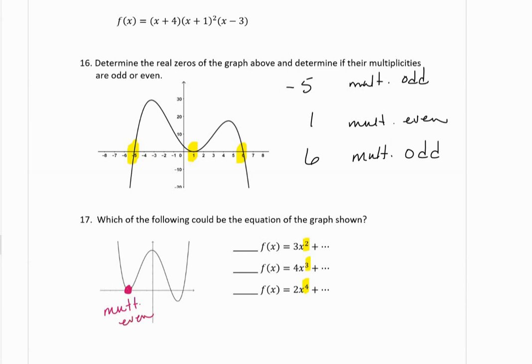So I know that that has to have at least 2 zeros here. I have a zero here and a zero here. Since this is an odd multiplicity and this is an odd multiplicity, each of these could have 1 for their multiplicities. So if I count up all my zeros, there's 4. I have to have at least 4 zeros. So that means my degree has to be at least 4.